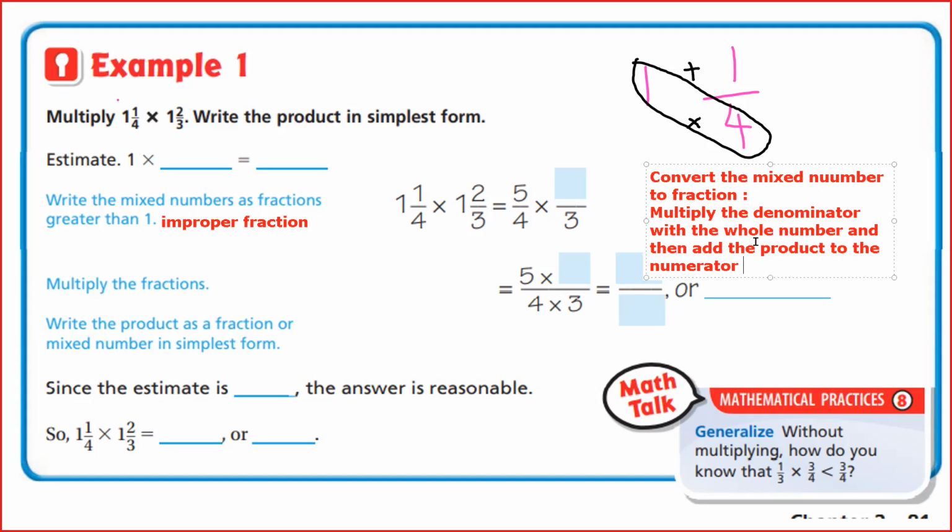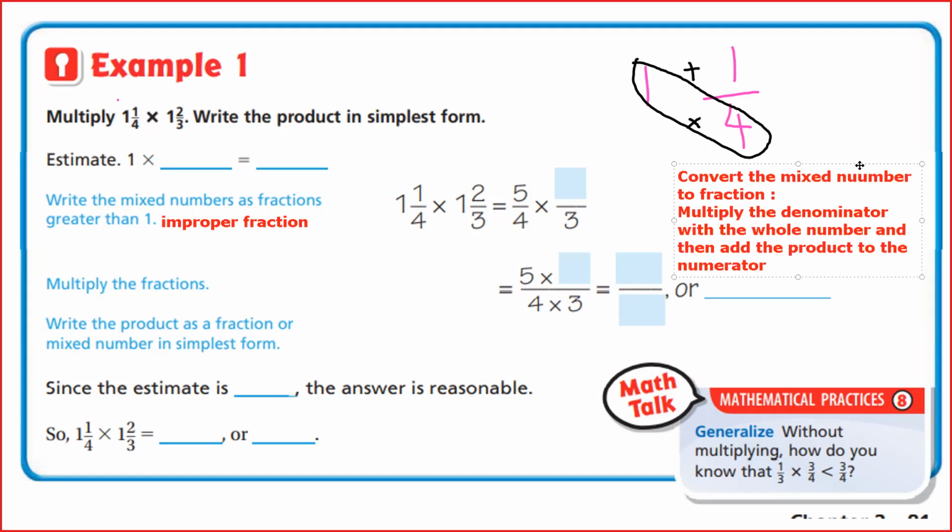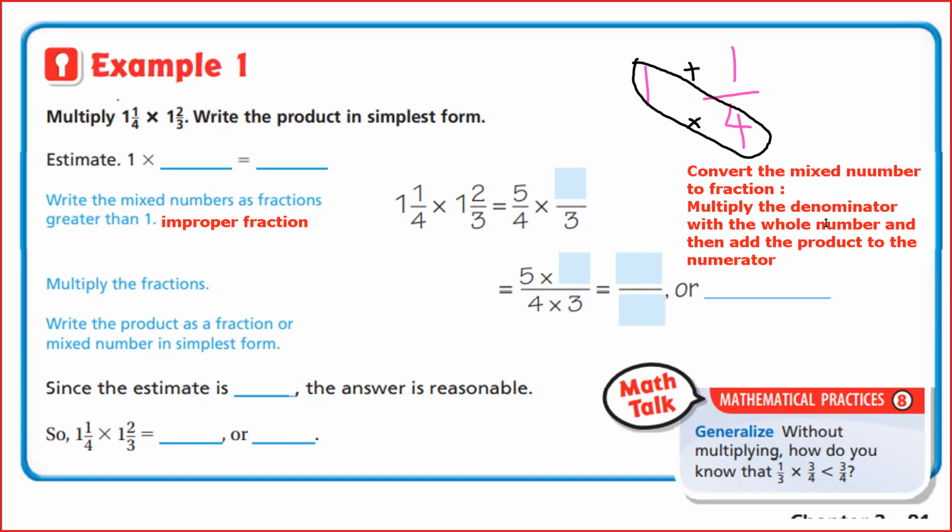This is the rule. How can I convert a mixed number to a fraction? You have to multiply the denominator by the whole number and add the product to the numerator.